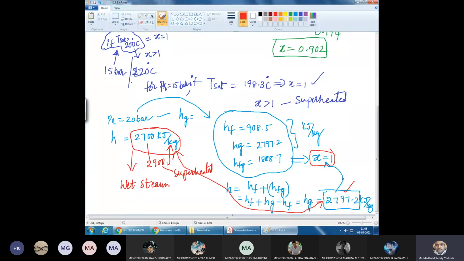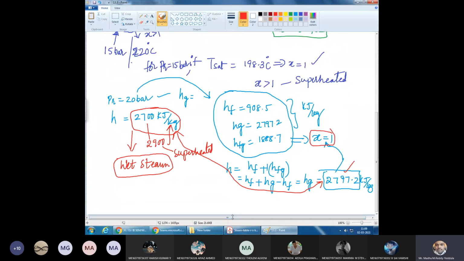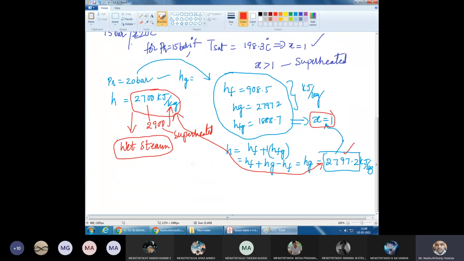Now my question is, as I told, that it is wet steam. Can you find the dryness fraction corresponding to this particular enthalpy? We can, right? So H is equal to 2700, which is equal to HF.